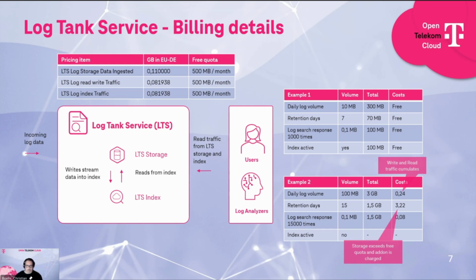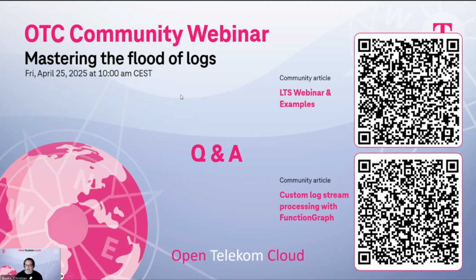So this is how it works. Mm-hmm. And 1,500 or 15,000 queries, always taking 0.1 MB, then defines the cost based on this pricing. I hope that was clarifying the question.